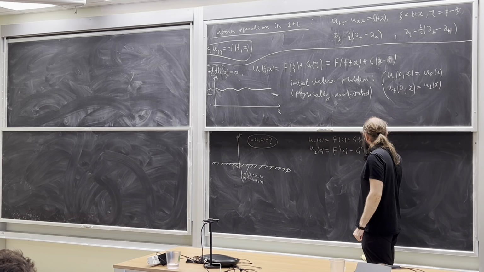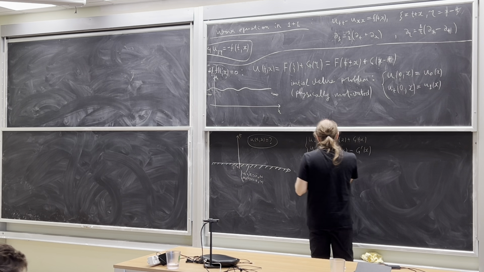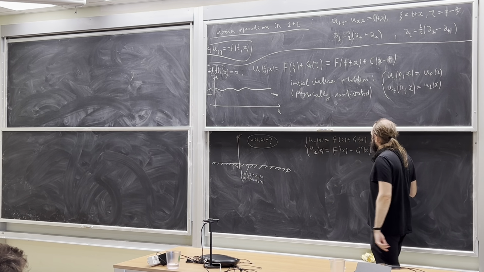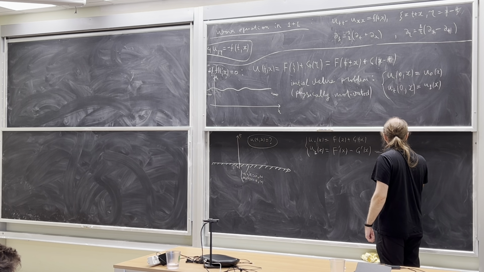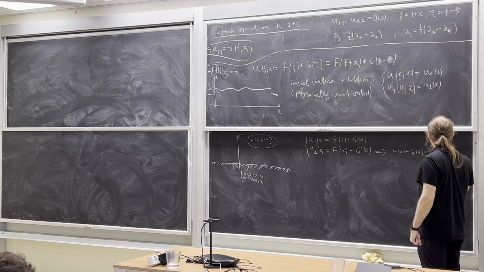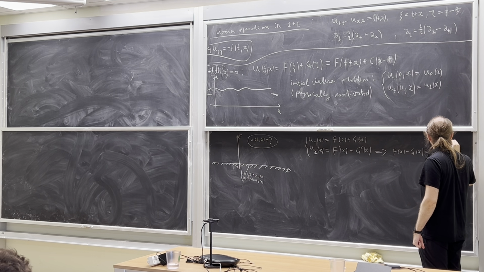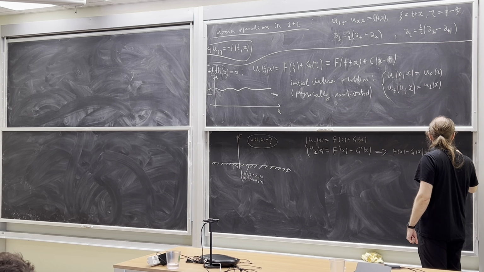So we have something like this, and it's inconvenient to work with these first derivatives, so we can integrate this equation to get something like this. f of x minus g of x equals to some constant plus integral, for example, from 0 to x, u1 of y dy.